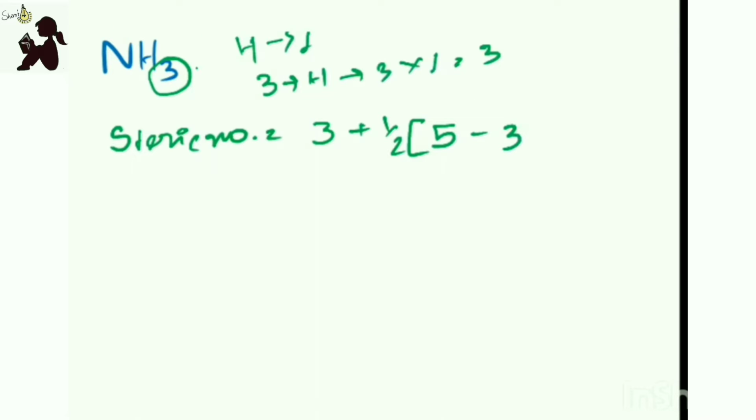This is a neutral molecule, not a cation or anion, so no charge is added. So 5 minus 3 is 2, half of it is 1, so it comes to 3 plus 1.